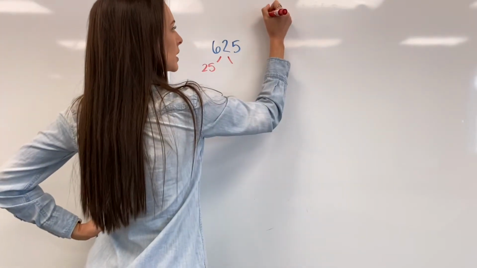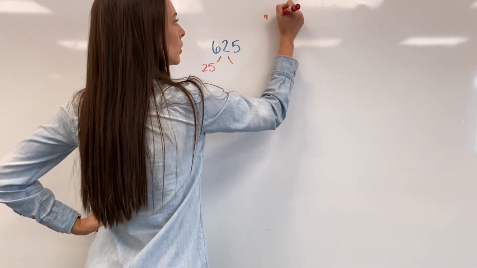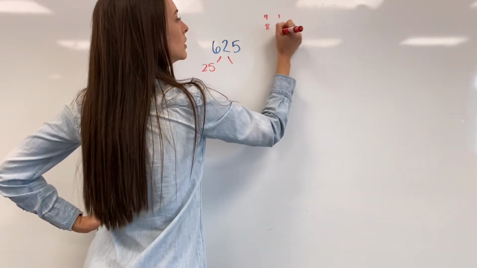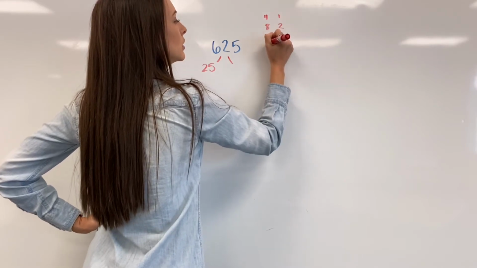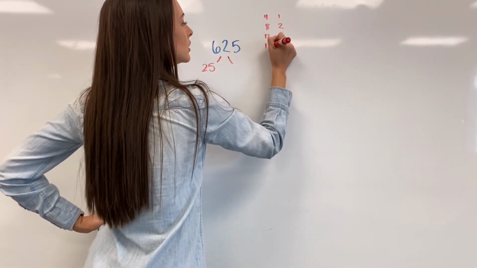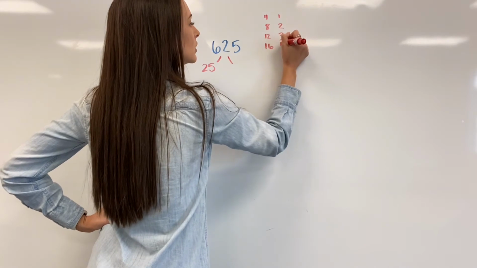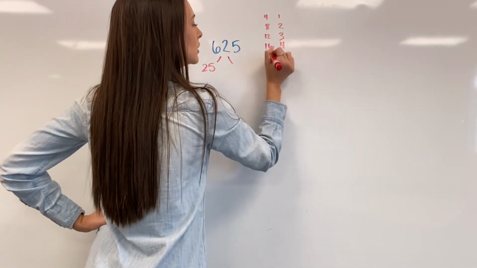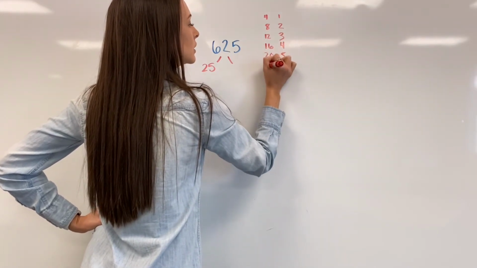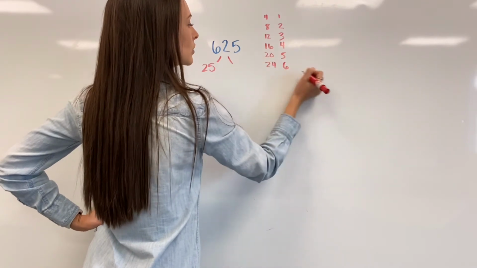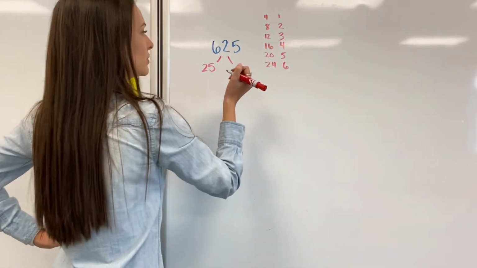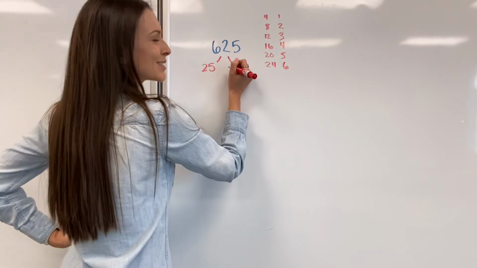So 25 times 4 would be 100. So 625 would be 25 times 25.